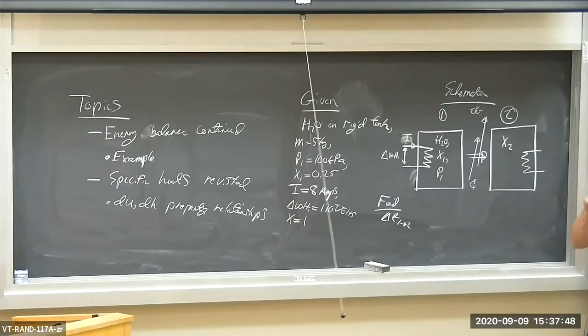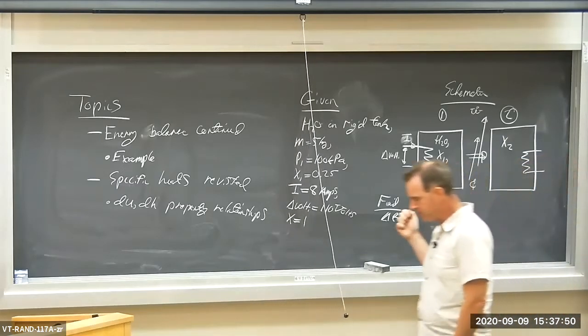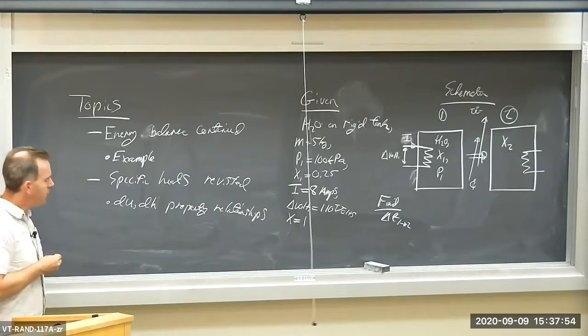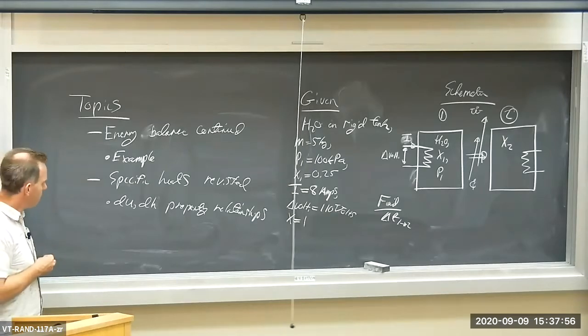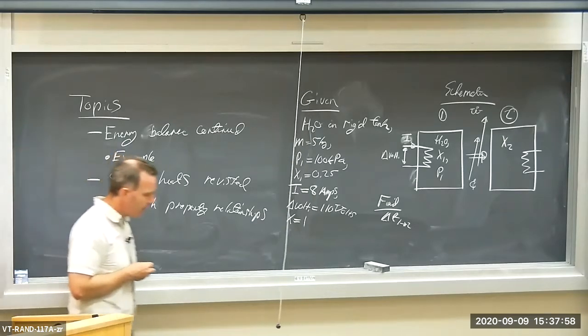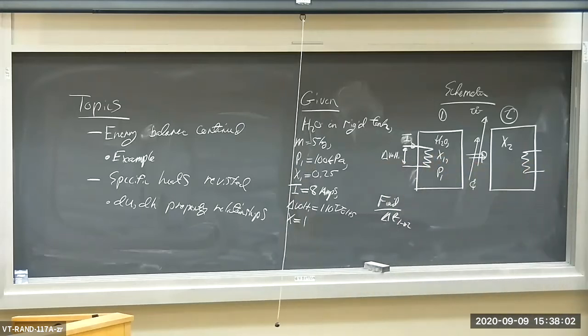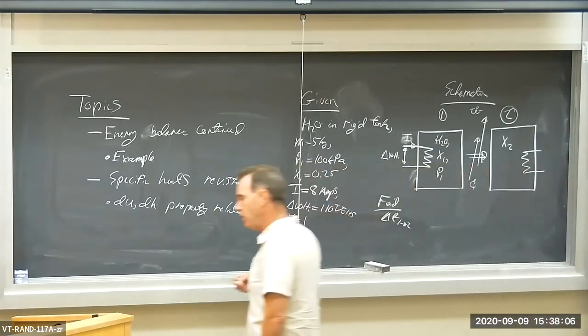But so we'll do this example, and then we're going to move on to what's called the du-dh property relationship. We're going to revisit specific heats. Remember CV and CP that we defined earlier about a week ago, back in chapter 3?